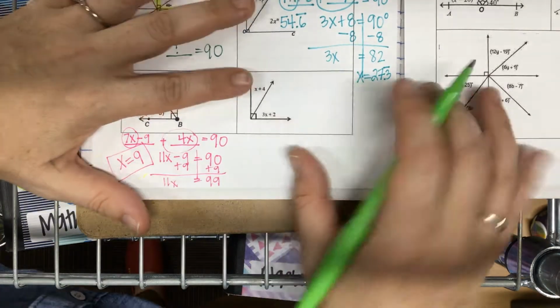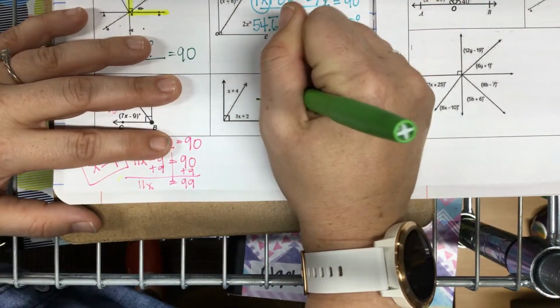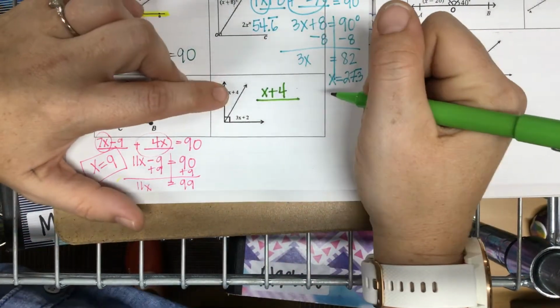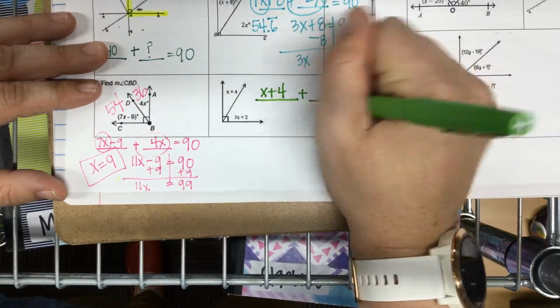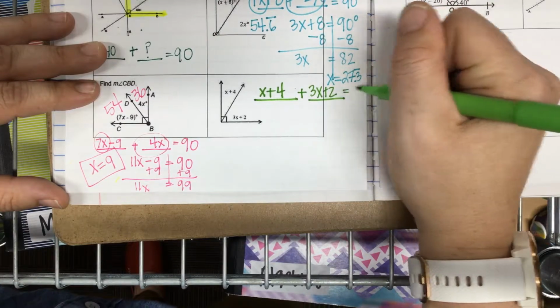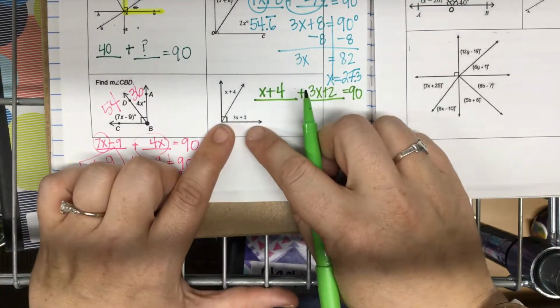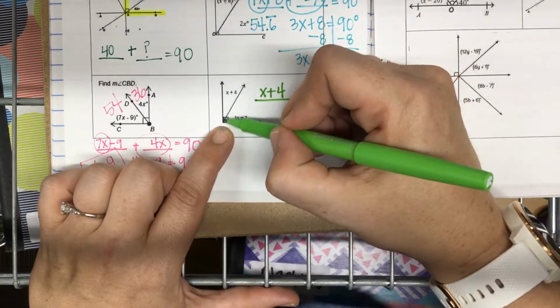Let's try this guy. X plus 4 is my first angle, plus 3x plus 2 is my second angle, and together they make 90 degrees. I know they make 90 degrees because there's that box in the middle, correct?